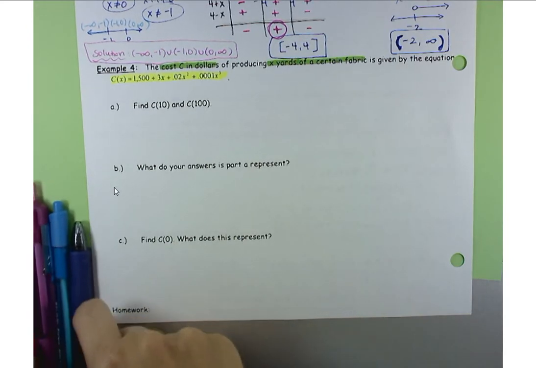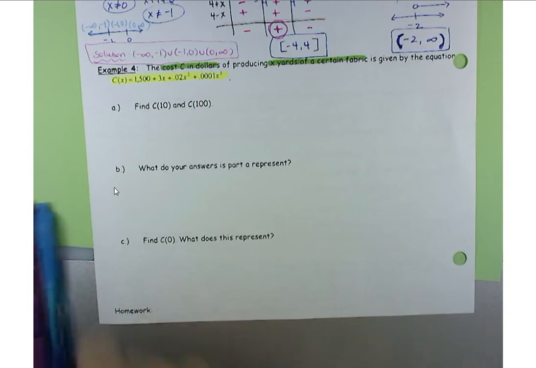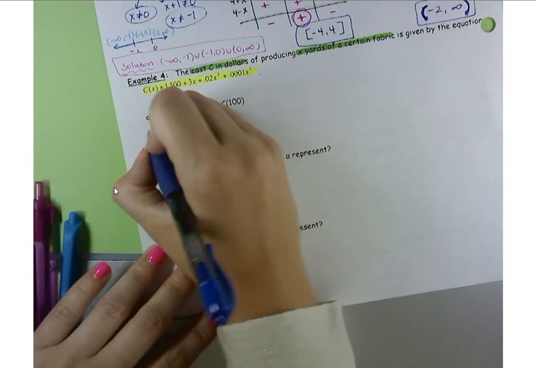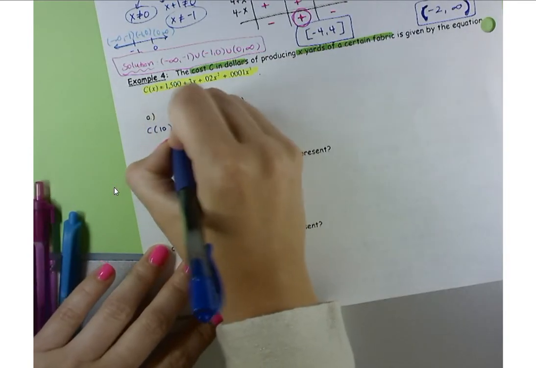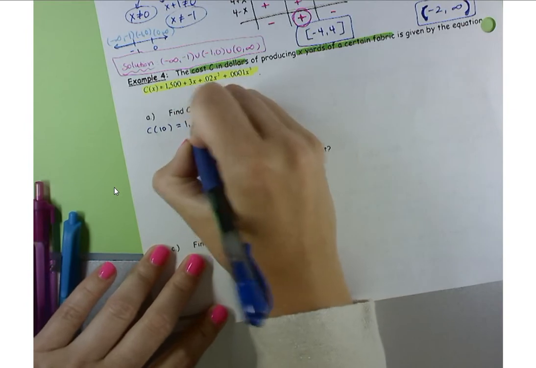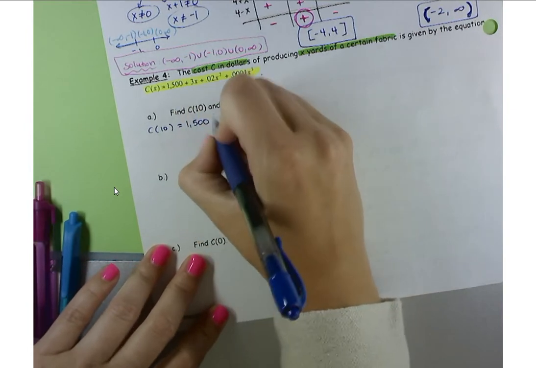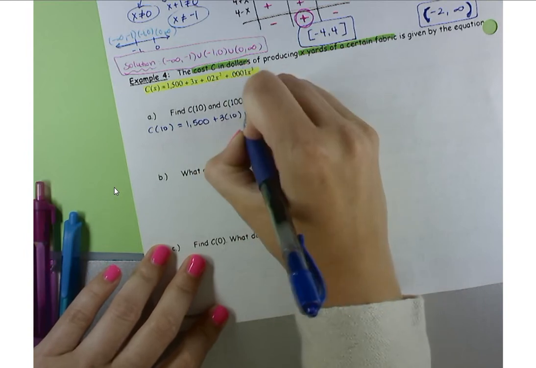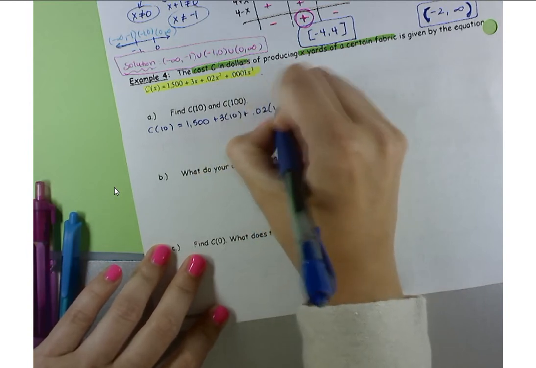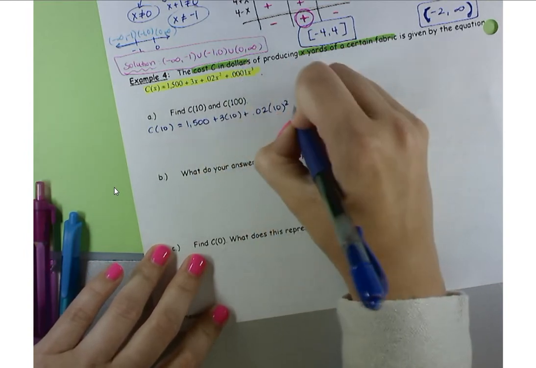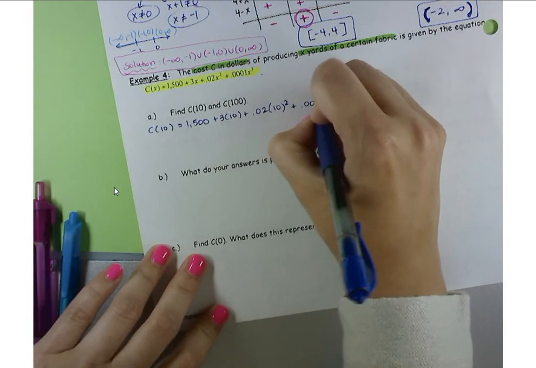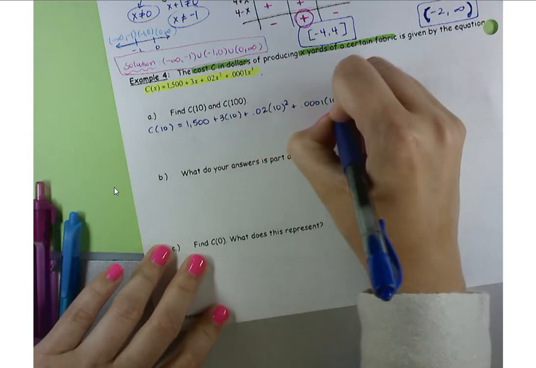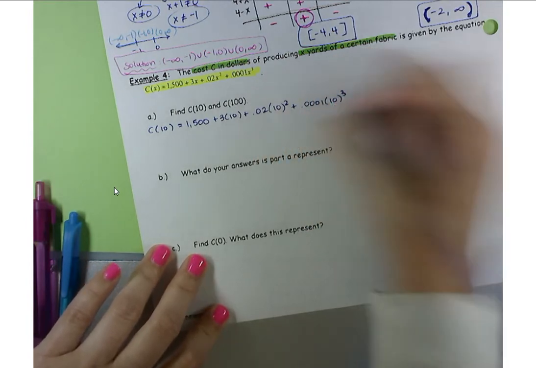So first we'll do C of 10. So all I'm doing is replacing X with 10. So I have 1,500 plus 3 times 10 plus 0.02 times 10 squared plus 0.0001 10 to the third.